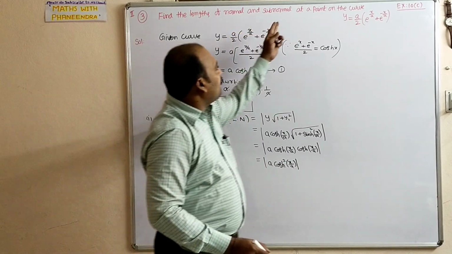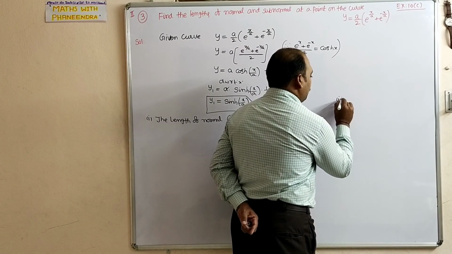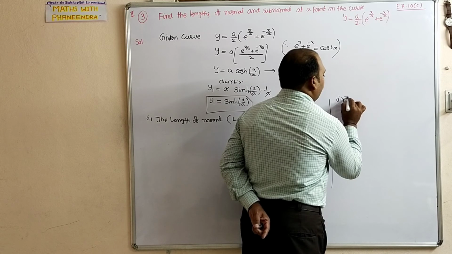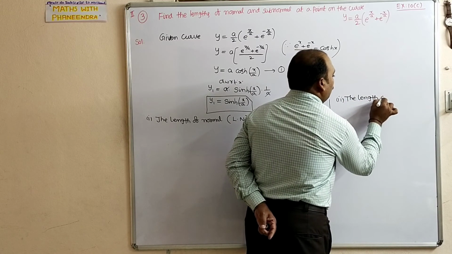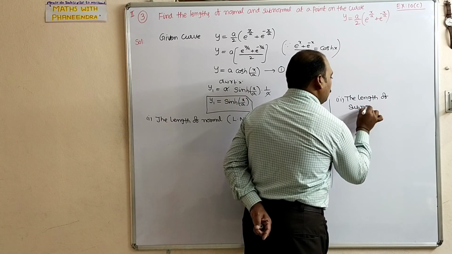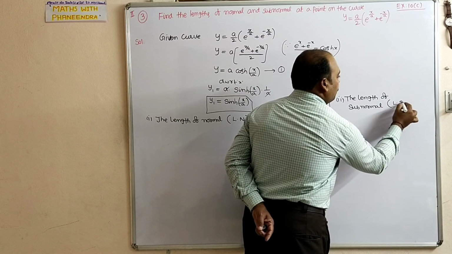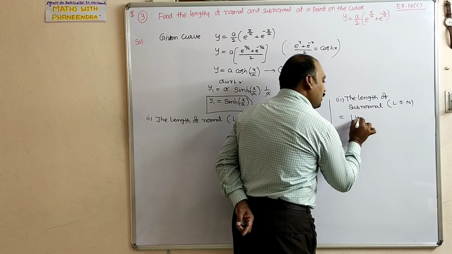Next, the length of subnormal they are asking. So the second question in this, the length of subnormal, LSN, is equal to mod y into y1.